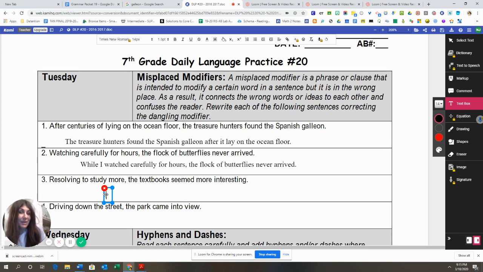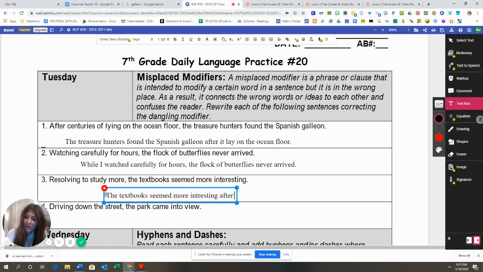The textbook seemed more interesting. Or I could say the textbook seemed more interesting after I resolved to study more. But nonetheless, I needs to be in the sentence so I know who is doing this. So let's say the textbooks seemed more interesting after I resolved to study more.